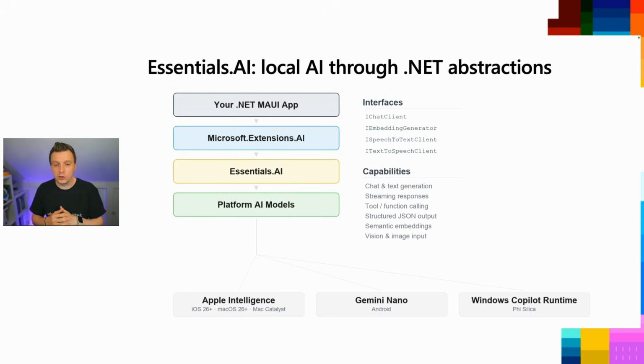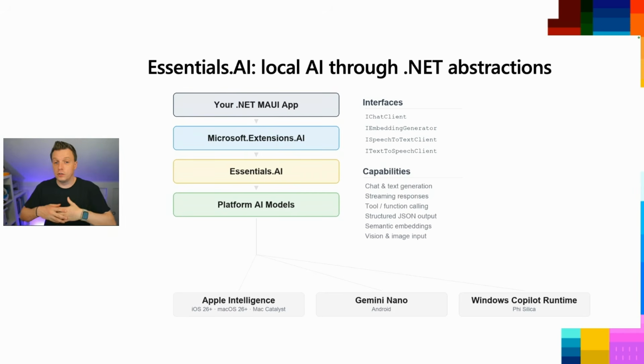Now with Essentials.ai, we're also building on top of that and adding Apple Intelligence, Gemini Nano, and Windows Copilot runtime. So you have all those models, all those local machine AI providers that are coming from all these vendors right here.